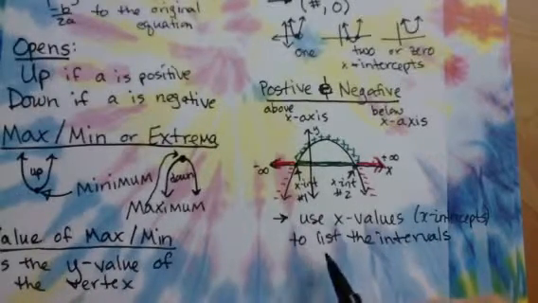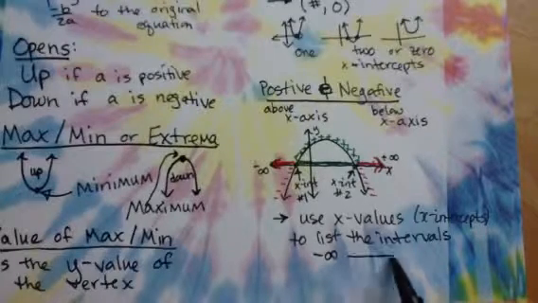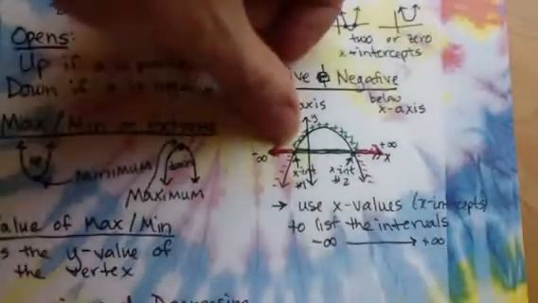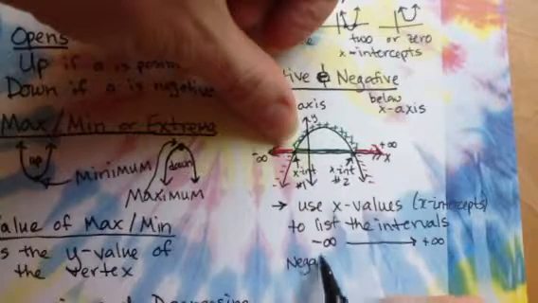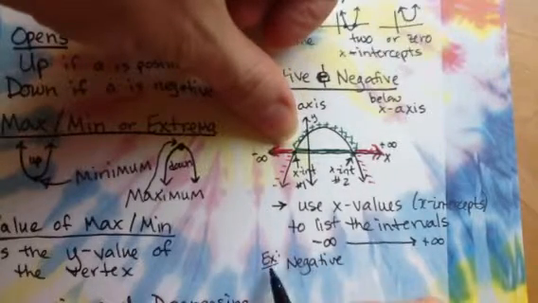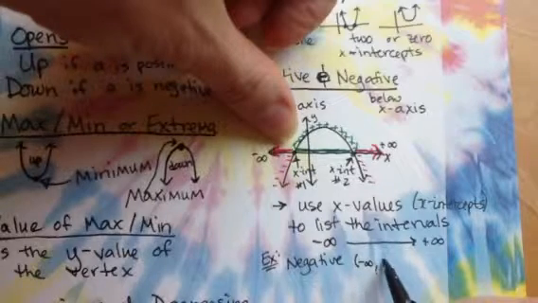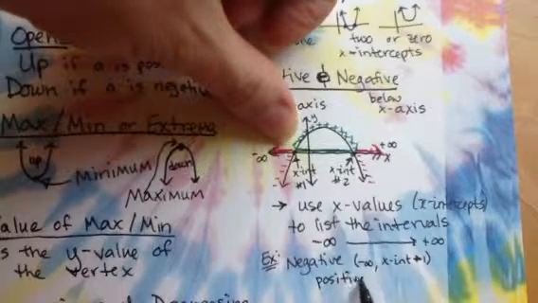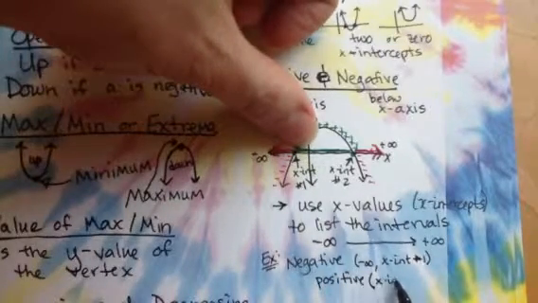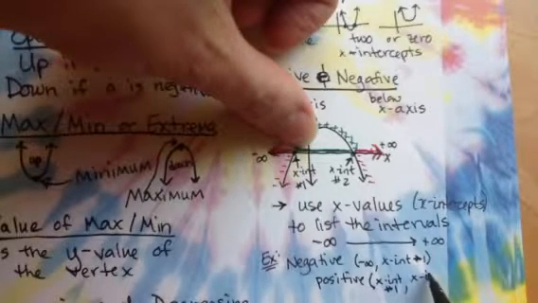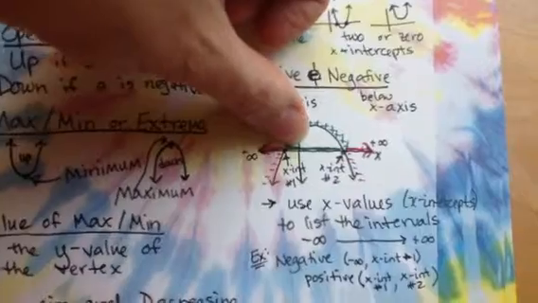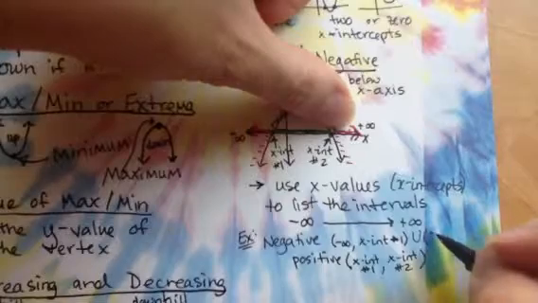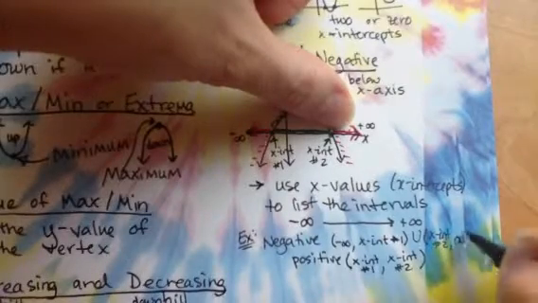And we always want to go starting at negative infinity and ending all the way over at positive infinity. So in my example, it's negative from negative infinity to x-intercept number 1, and then it's positive between x-intercept number 1 and x-intercept number 2, and then it's negative again, so I'll use this U symbol, from x-intercept number 2 to infinity.